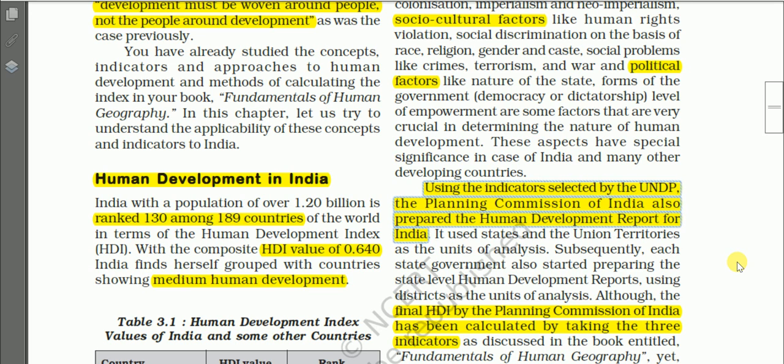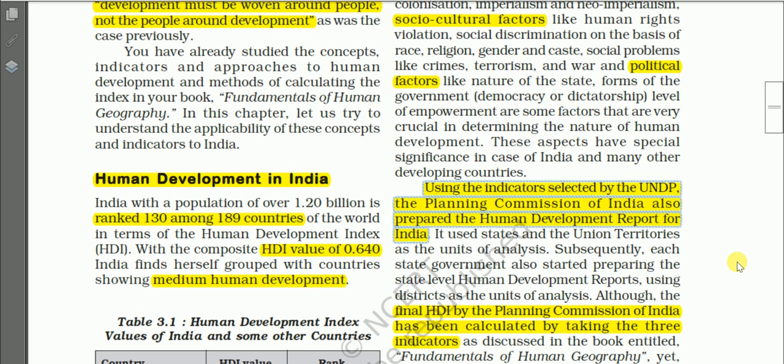So these are the three key areas used by the UNDP to calculate the human development index for different countries of the world. Likewise, the Planning Commission of India has also been using those three key areas to find out the human development indexes for different states of India.